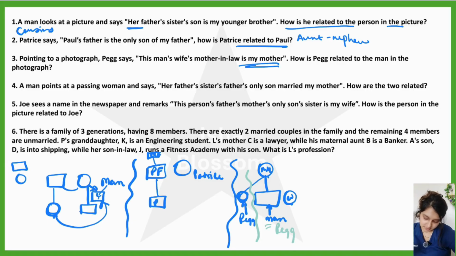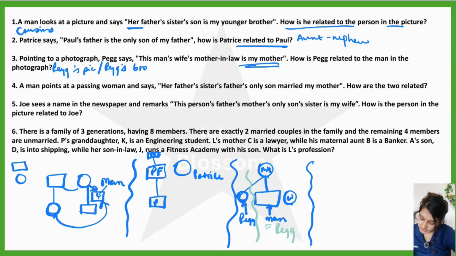Okay, so now how is Peg related to the man in the photograph? So it's either Peg's picture only, or it is Peg's brother. So in exams, you'll have options and then you can just select the best possible answer.